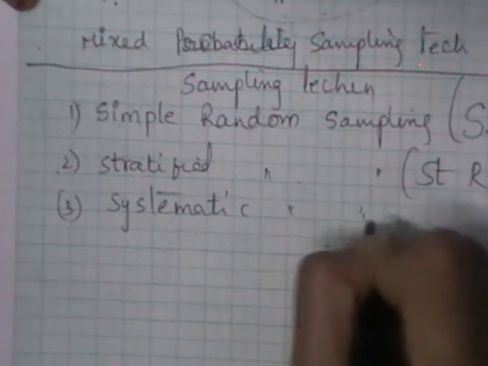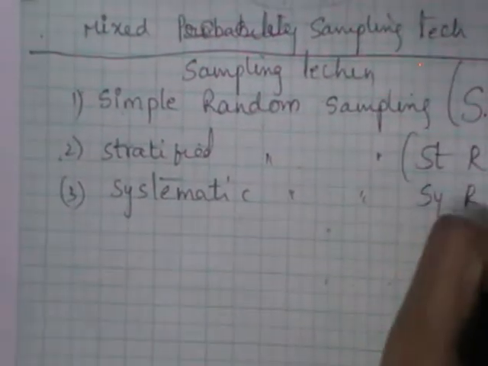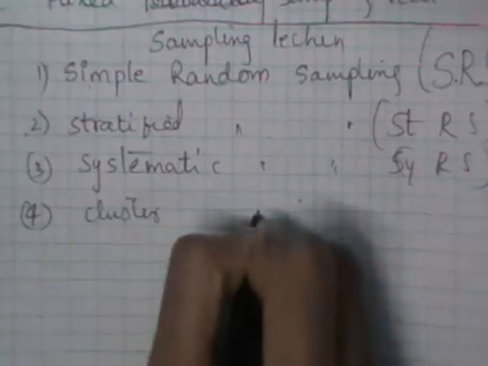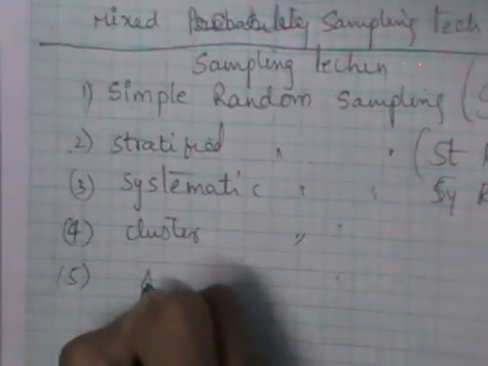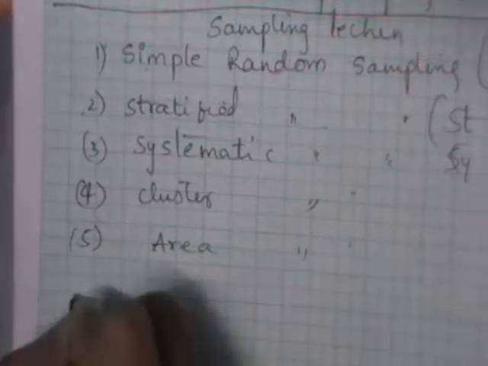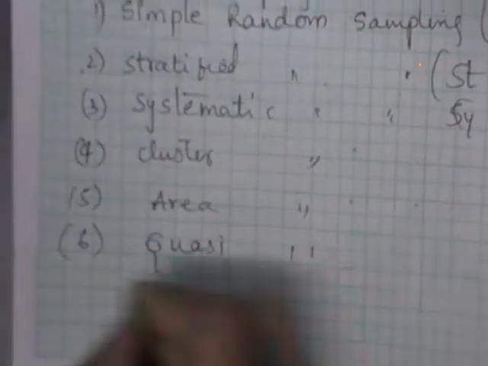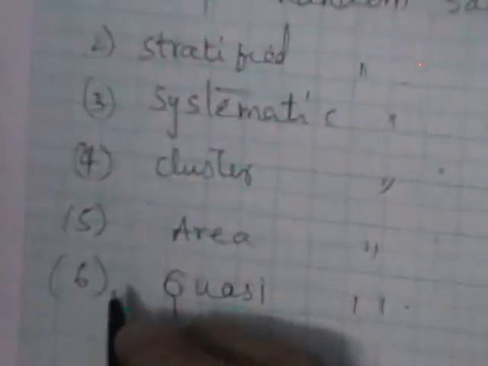Cluster sampling, area sampling, quasi sampling, multi-stage or multi-stage cluster sampling, and quota sampling.